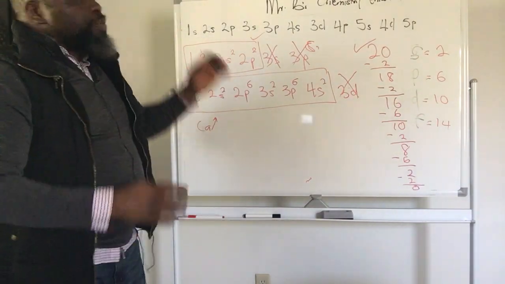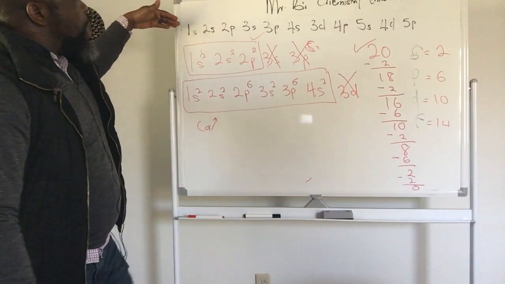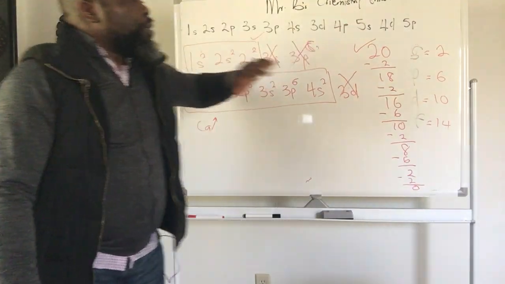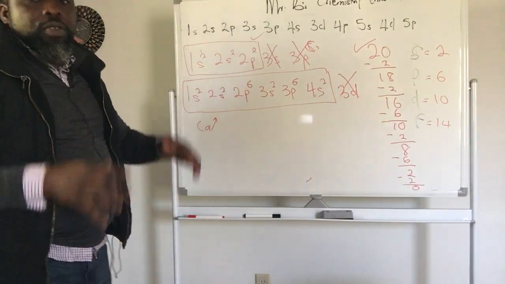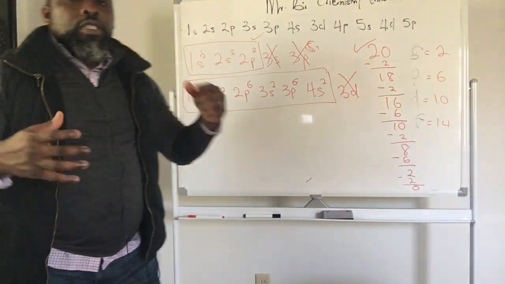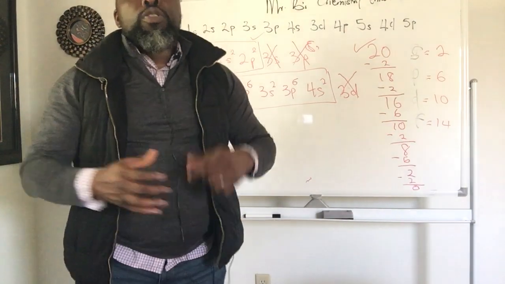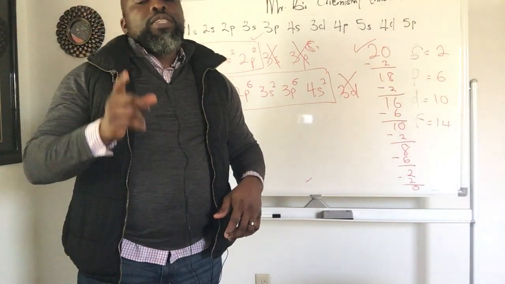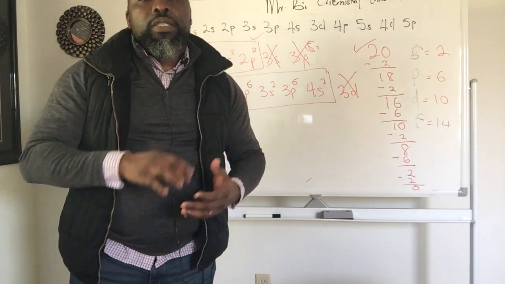So that is how simply to write the electronic configuration. The first thing you have to do is make sure that you write the levels in order. The second thing, when you get your element, you go to the periodic table and look for the atomic number. Remember, we always use atomic number, not the atomic mass, and the atomic number is always the smaller number.